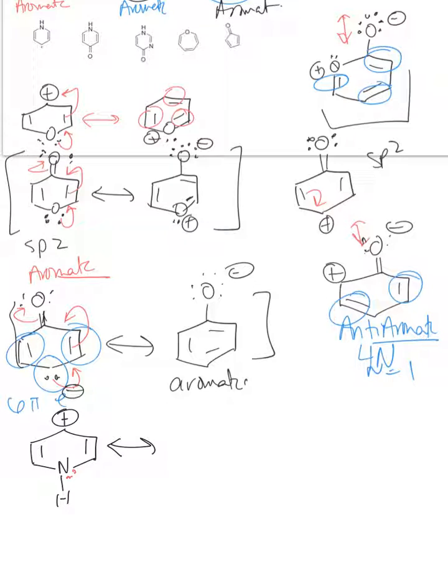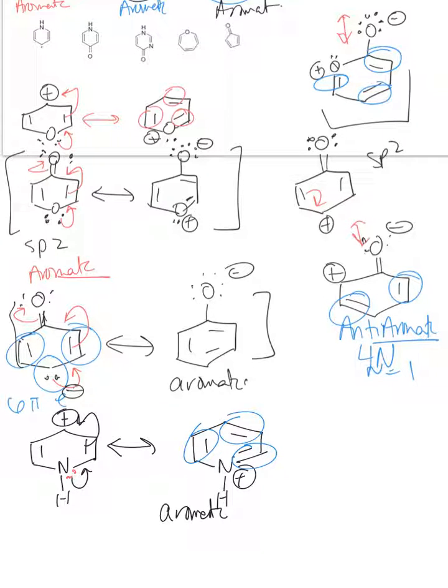If these electrons go here and those electrons go there, what does that structure look like? That's the pyridinium ion, and that is definitely aromatic. As you can see, it has 6 pi electrons. Everything's sp2. So that is aromatic.